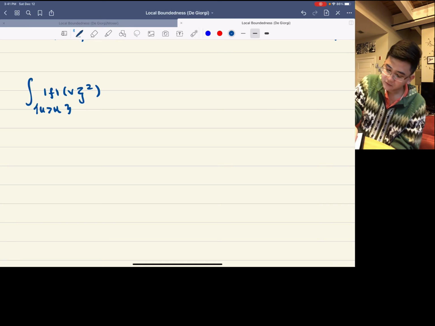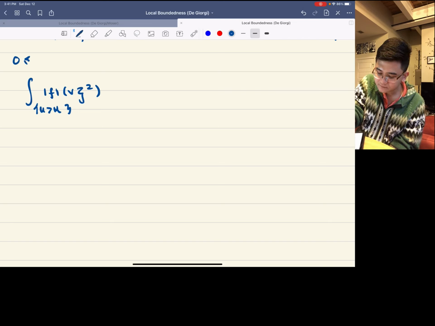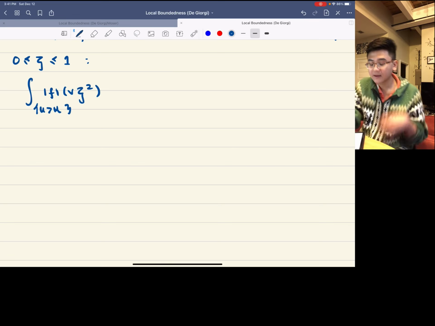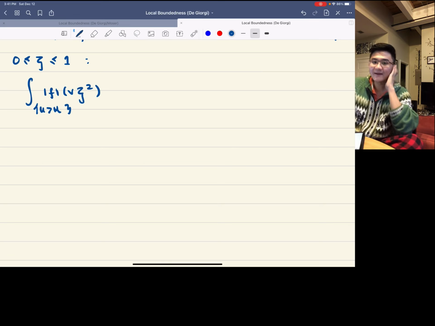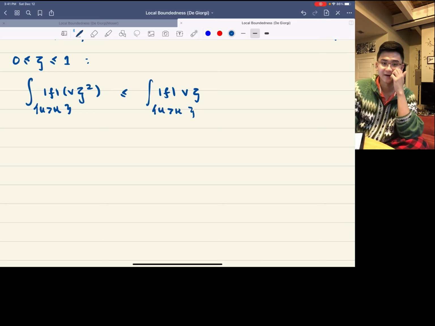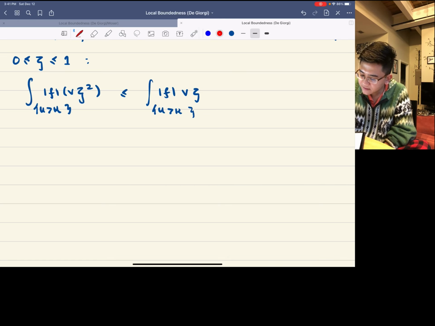If I have the condition that zeta is non-negative and less than 1, then this is less than or equal to the integral over u bigger than k of the absolute value of f v zeta, since zeta squared is less than zeta. We've seen this before.